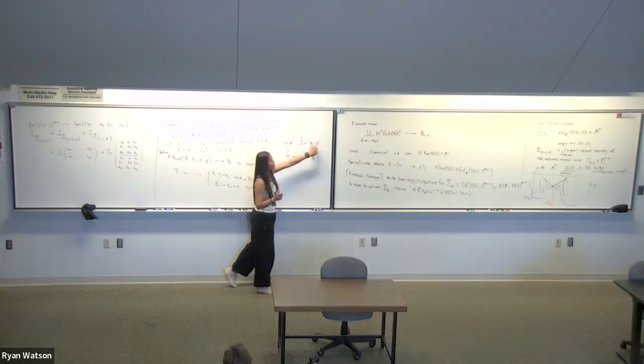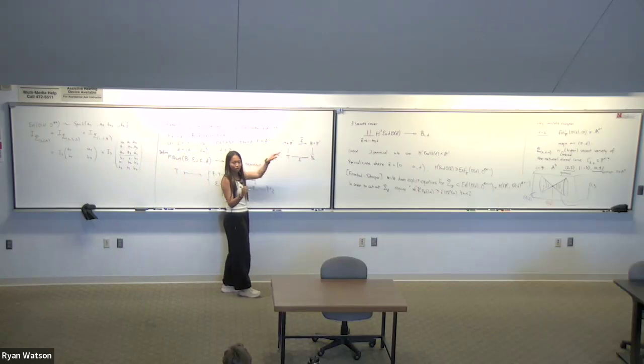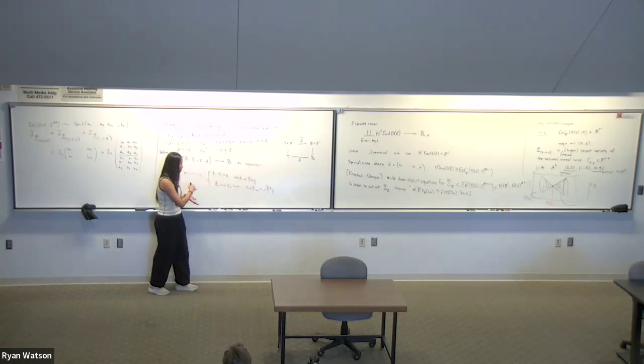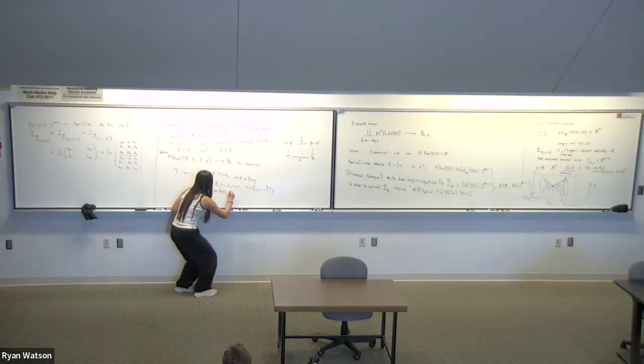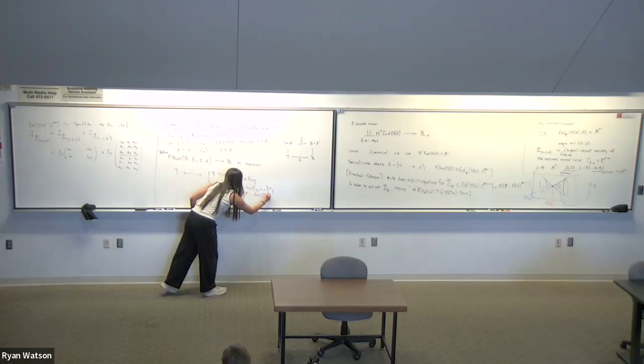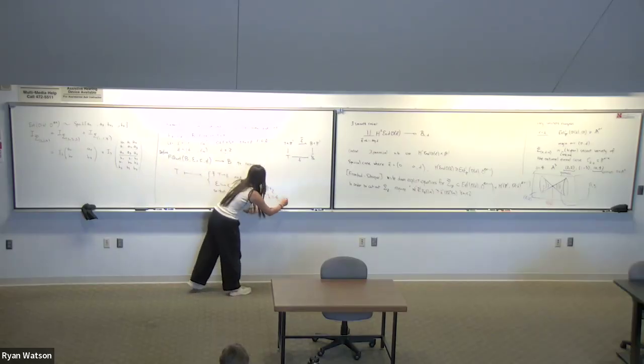So I pull E back from B times P1 to T times P1, and then I have to give this flag of subsheaves with the condition that the rank of Ei is Ri, and the degree of Ei fiber-wise is Di, and then also a flatness condition.